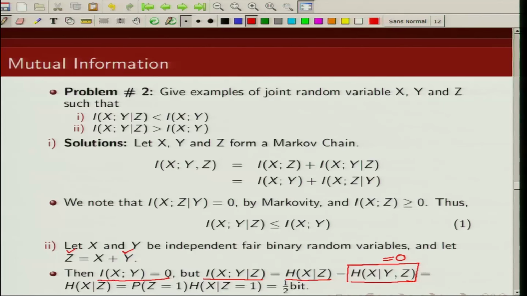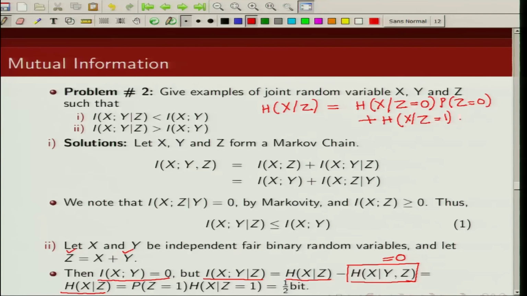So then the mutual information between x and y given z can be written as the uncertainty in x given z. Now, the uncertainty in x given z is equal to the uncertainty in x given z is 0, multiplied by the probability of z being 0, plus the uncertainty in x given z is 1, times the probability of z equal to 1.